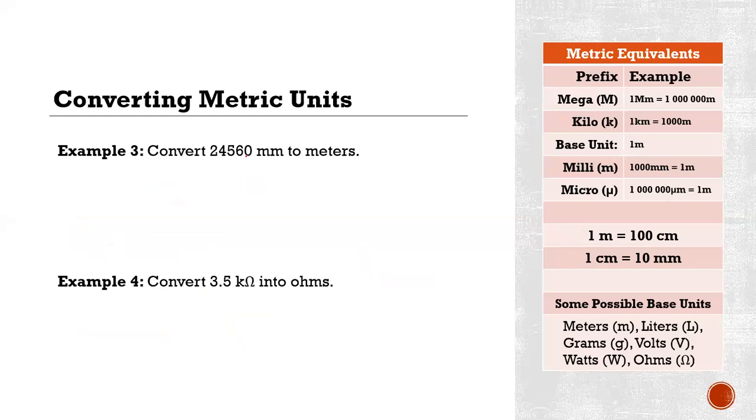Let's do a couple more. In this case, we have 24,560 millimeters, and we want to go to meters. Now, this is something you would see in carpentry. They see this on their blueprints. For some of you that deal with manufacturing large things, or if you have large items you have to measure, 2,560 millimeters, that would often be used on a metric print.